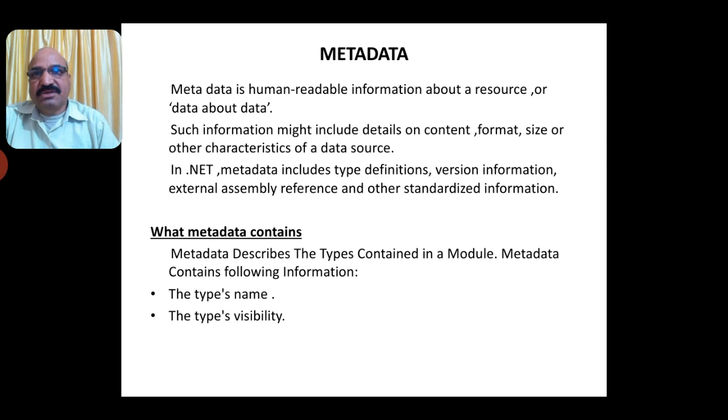Next point: what does metadata contain? Metadata describes the types contained in a module. Among the information it stores for a type are the following. First, the type name. The type's visibility, which can be public or assembly.